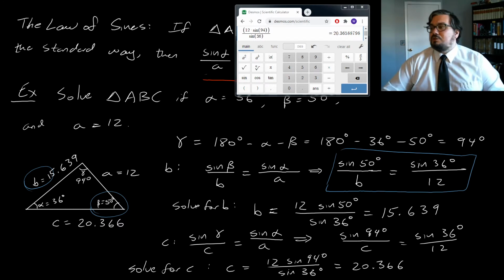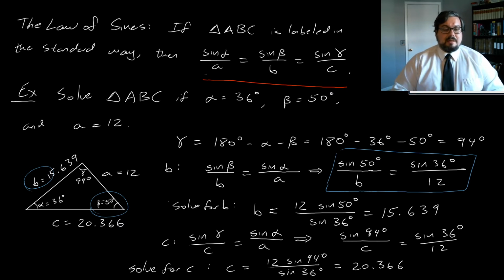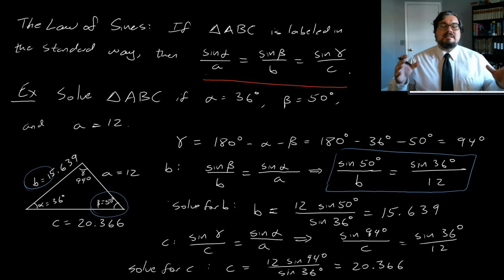Now at this point you do want to do a quick sanity check, that is to make sure that the numbers in the problem make sense. A few things that you can check. Unless one of your angles is very, very small, the side lengths of your triangle should all be approximately in the same ballpark.